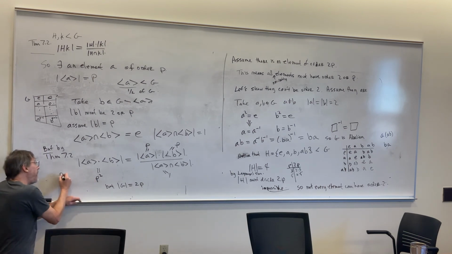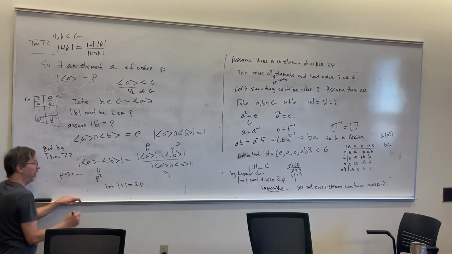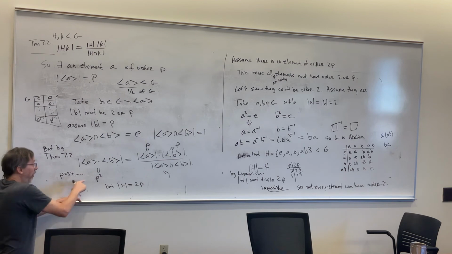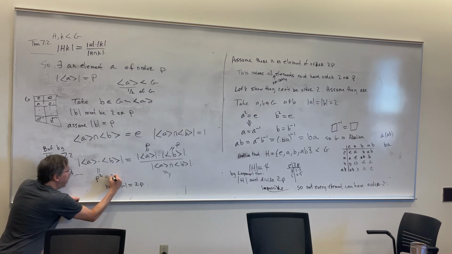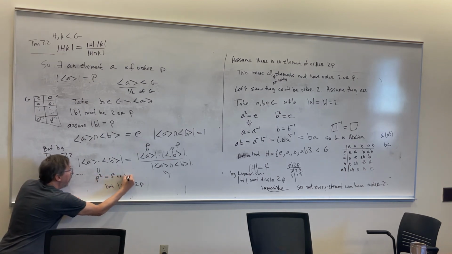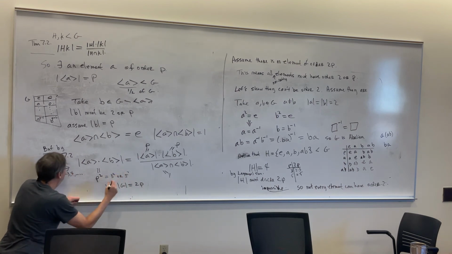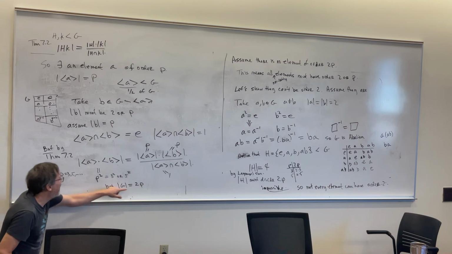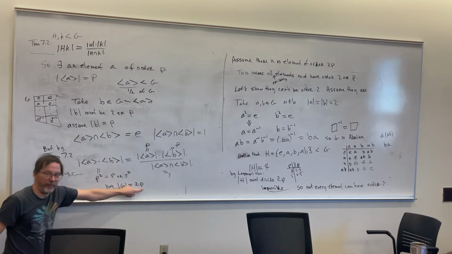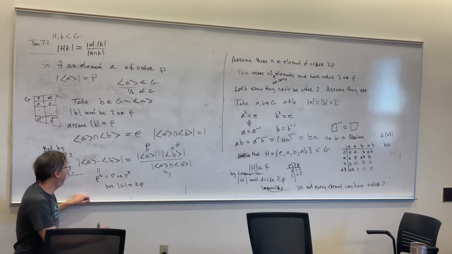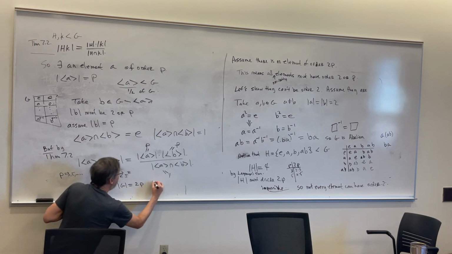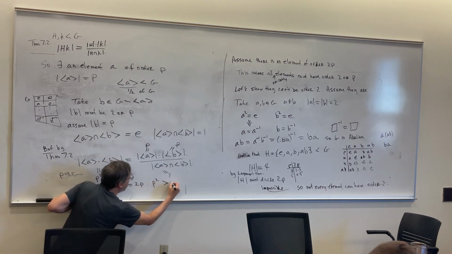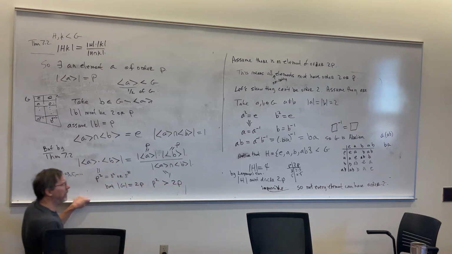But we know that P is equal to 3 or more. So this thing is equal to like 3 squared or 5 squared, or whatever. This is just 2 times that prime. So this would mean that P squared would have to be greater than 2P.